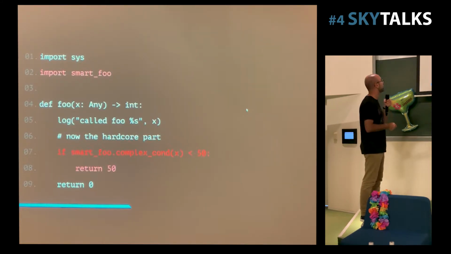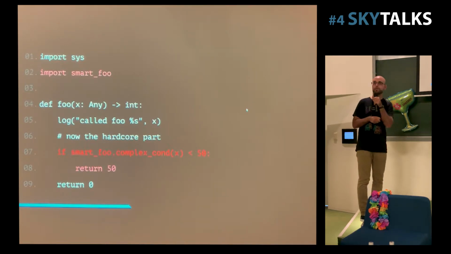same way. And the next line is probably the most important in the whole snippet. You'll see some shady condition with some parameters, and also you do some comparison with a magic number.